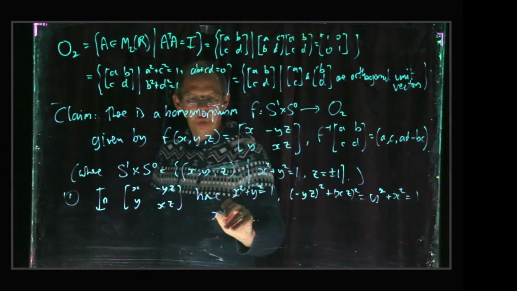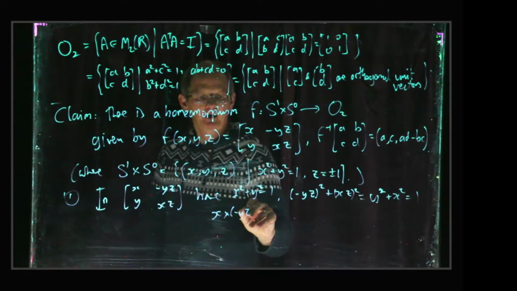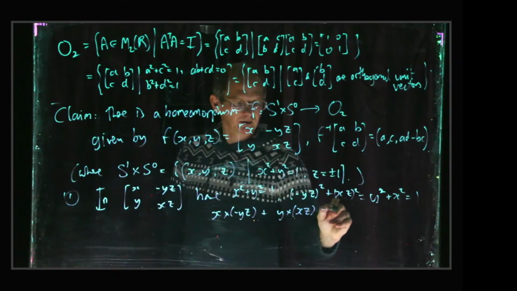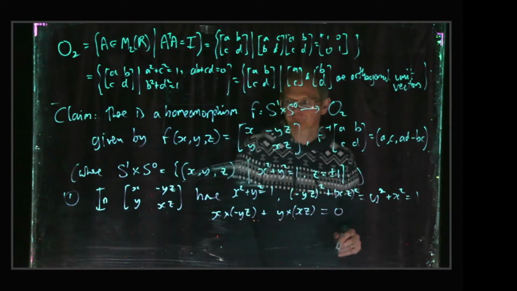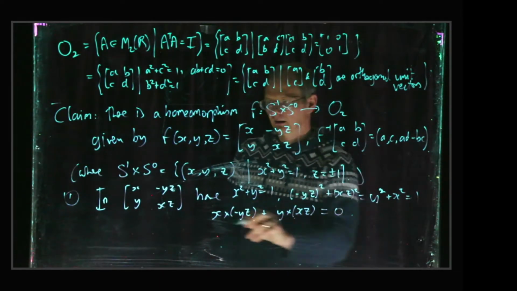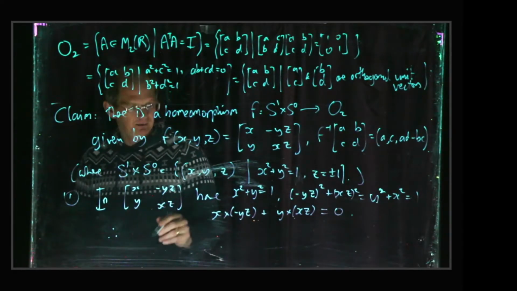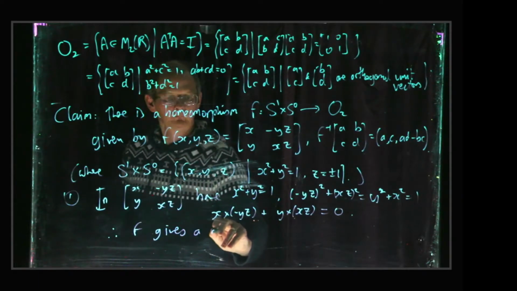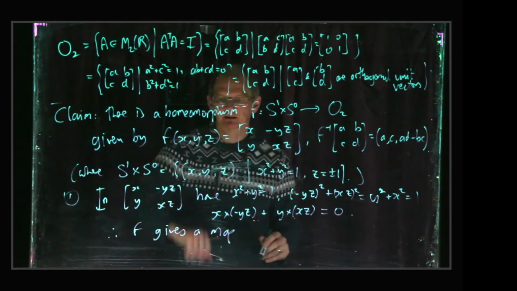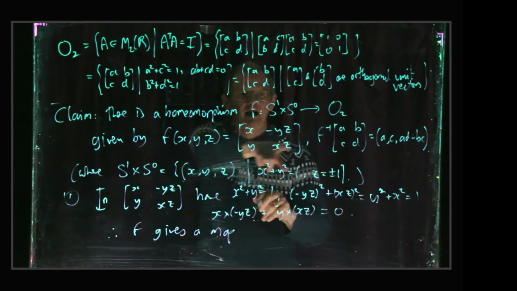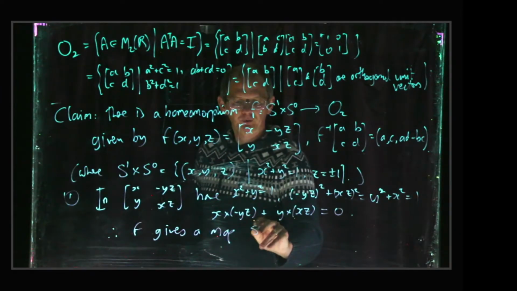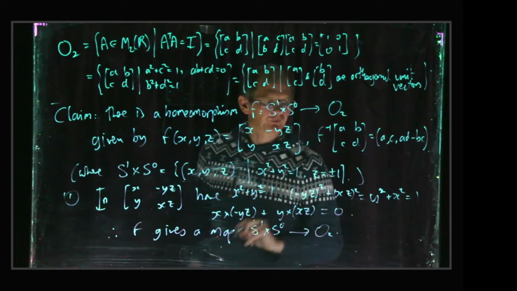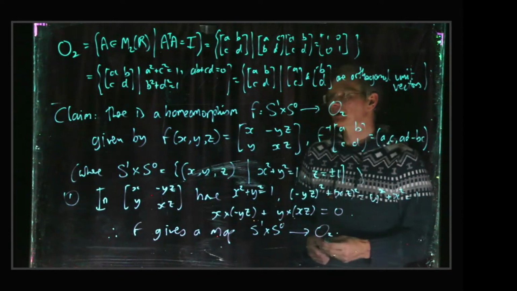And X times minus YZ plus Y times XZ just cancels out, you just get 0. So we're seeing from this that this formula for F really is giving us a map S1 cross S0 to O2. Okay, so that's our first step.